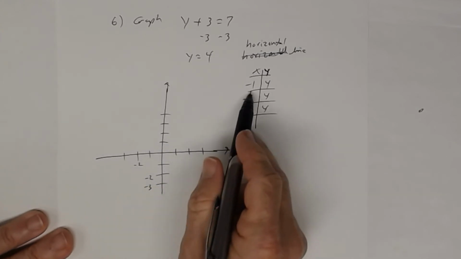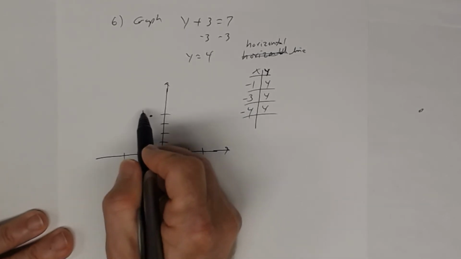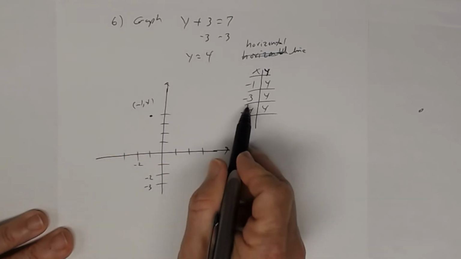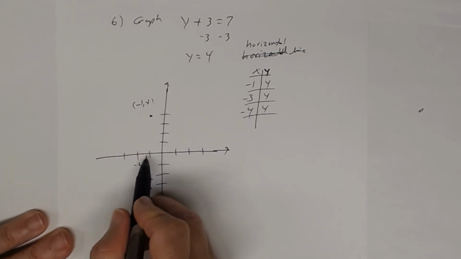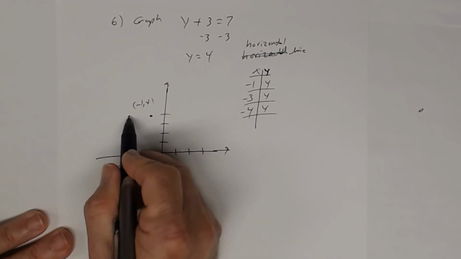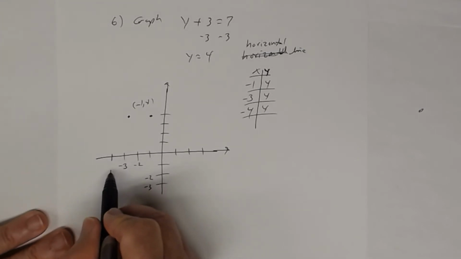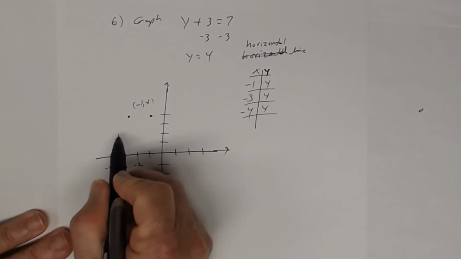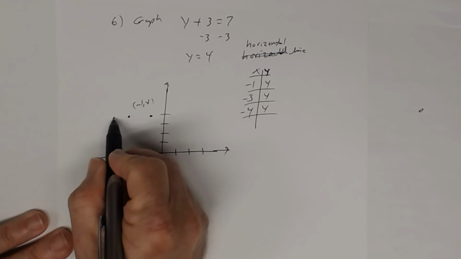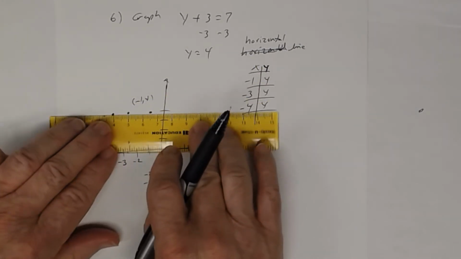So -1, 4 is right here, right? -3, 4. Here's -3, and then 4 is right here. And then -4, let me go one more, -4, 4 is right here.